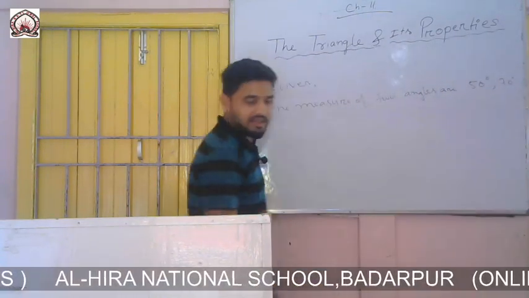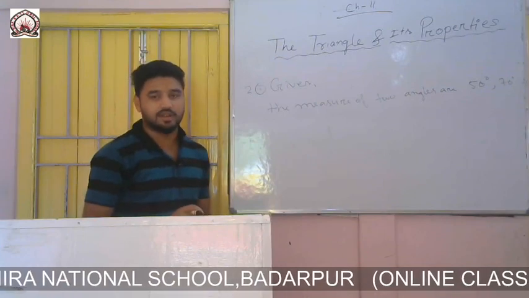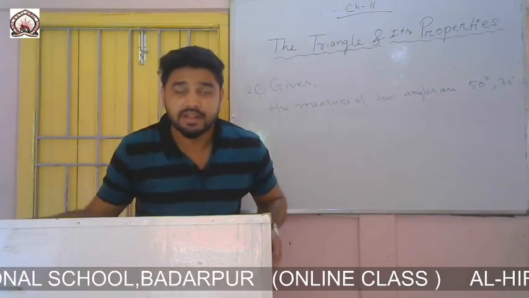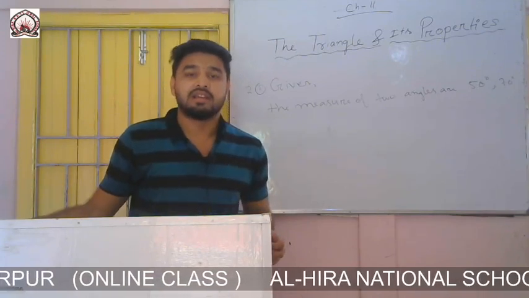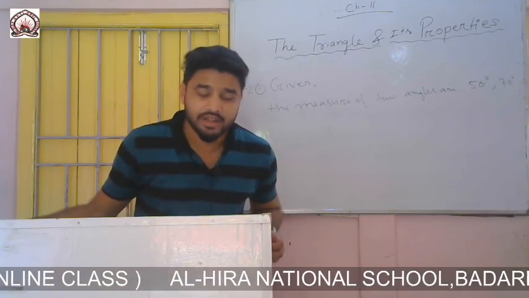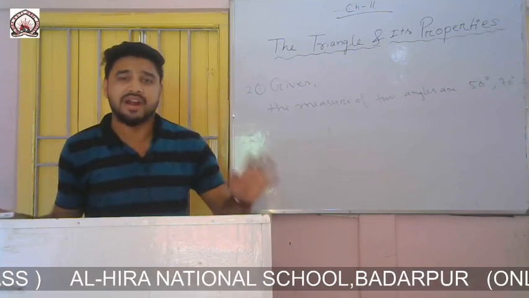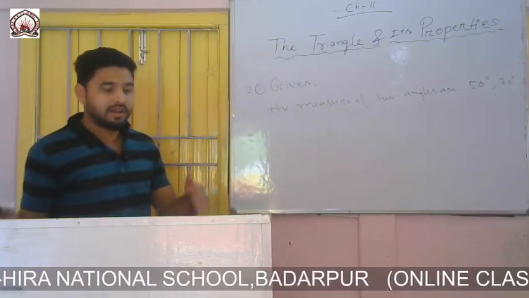Now we have to find the measure of the angle X. As we know from the angle sum property, the sum of the three angles of a triangle is always 180 degree. So two angles are given, so you can find the third angle, or angle X.